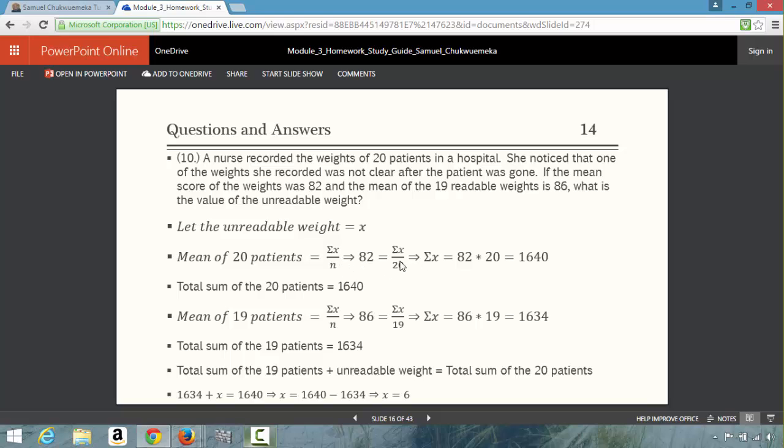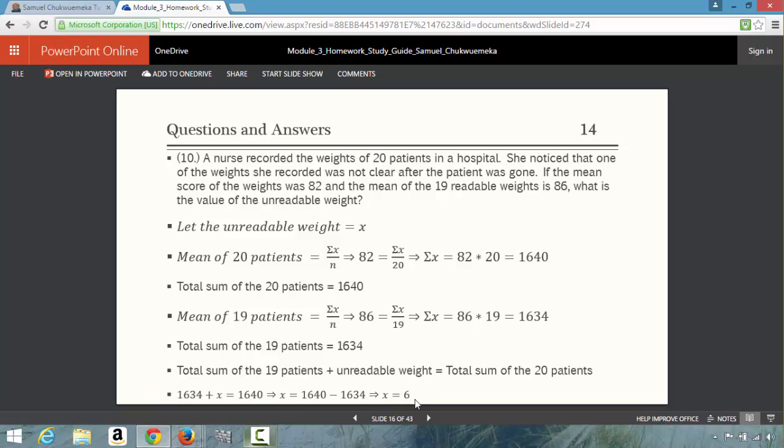If you solve for sigma x, it's 82 times 20. That's the sigma x, 1640. So for the mean of the 19 patients, we also find the sigma x, which is 1634. So this 1634 plus x should give us 1640.